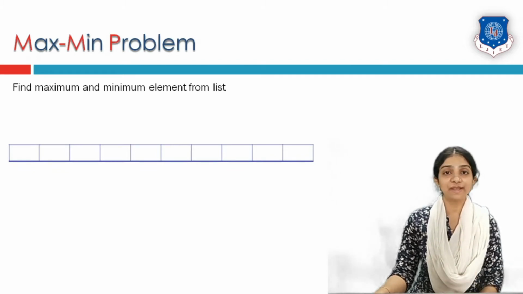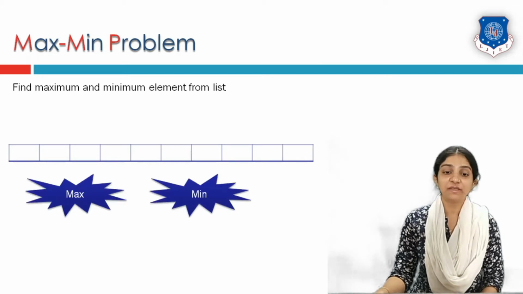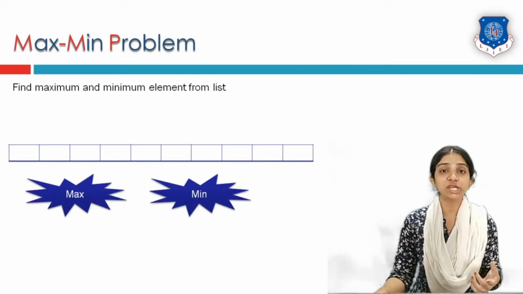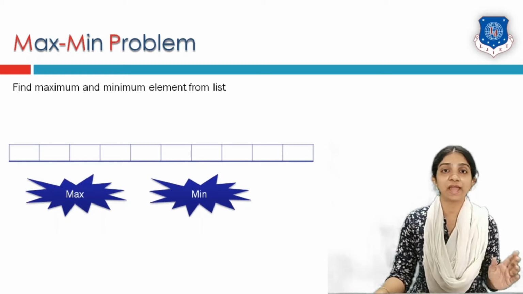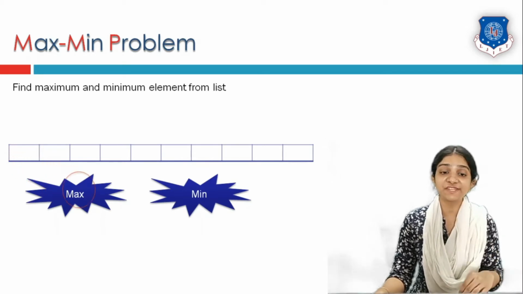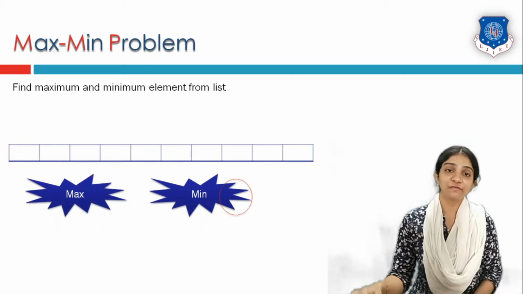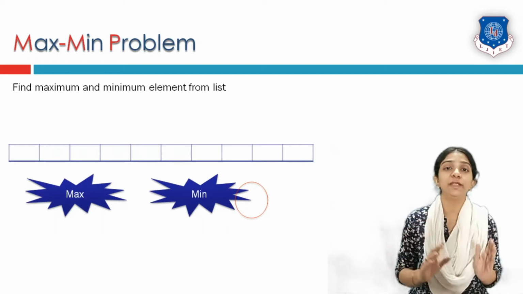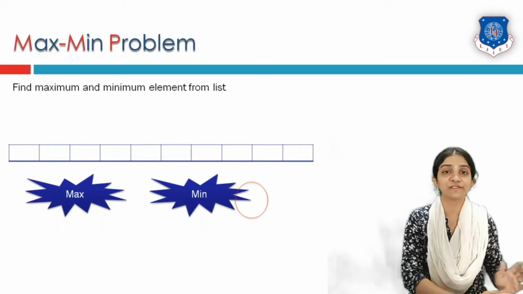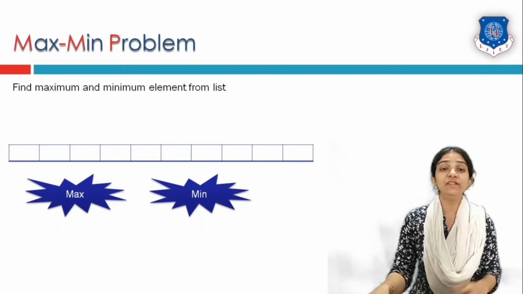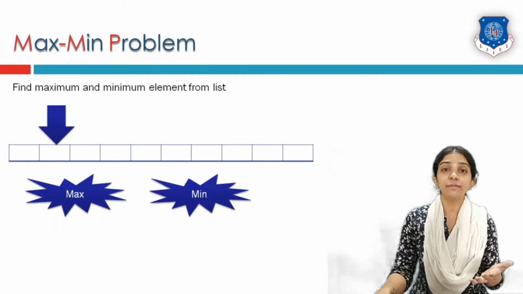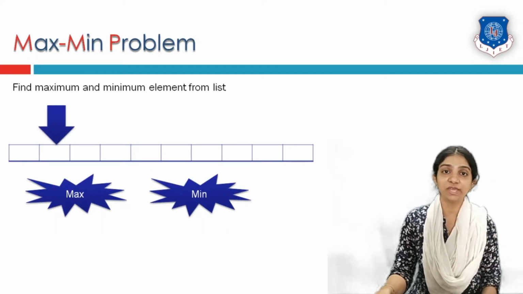Given a list of elements in an array format, we initialize two elements, max and min, as the first element of the list. So the first element of the list is assigned to max as well as to min. Then we start comparing elements right from the second location.